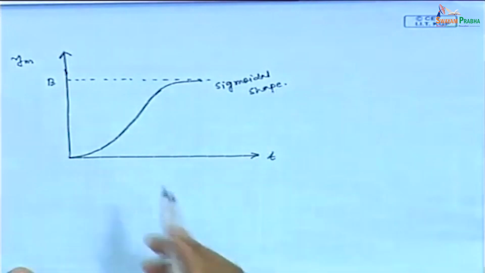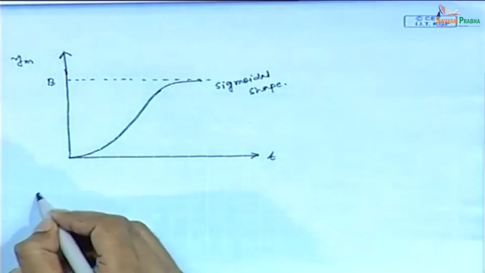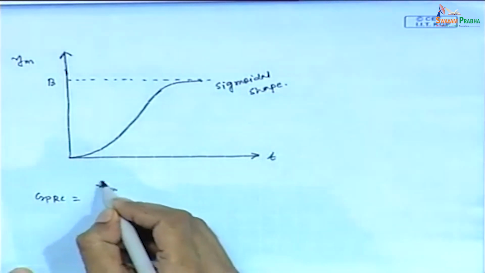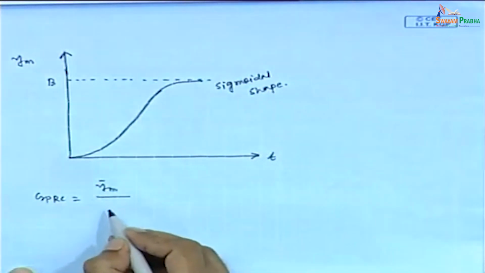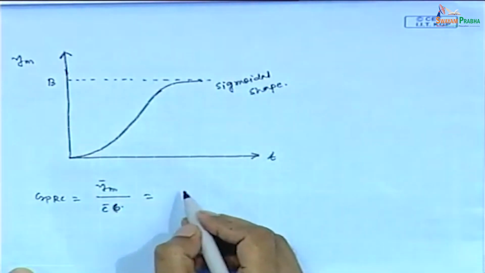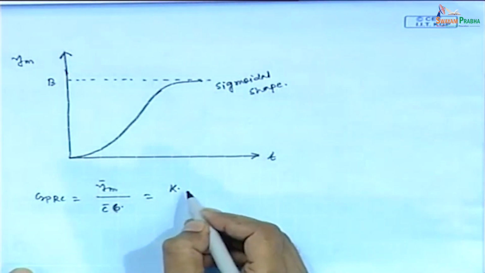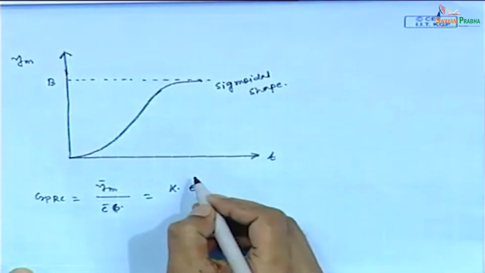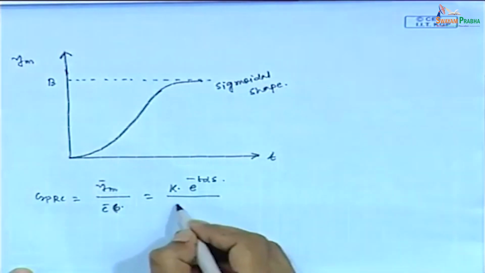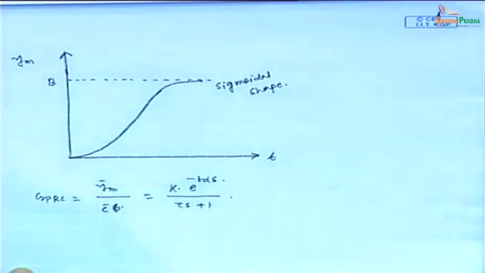Fine. So, we can write the first order plus dead time as k exponential minus TdS divided by tau s plus 1.